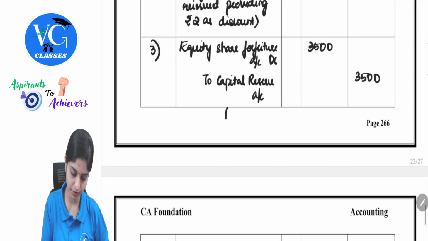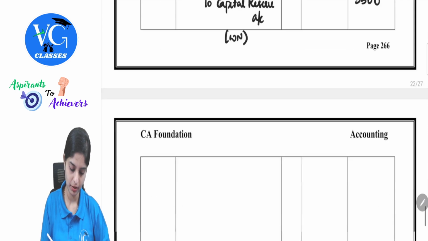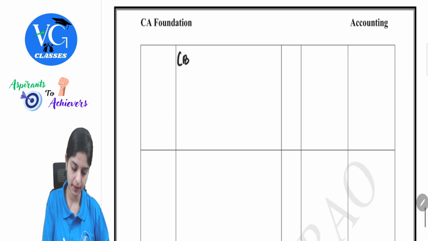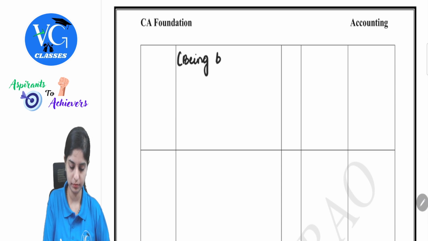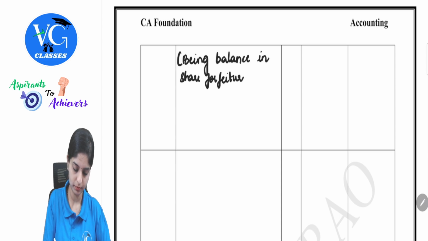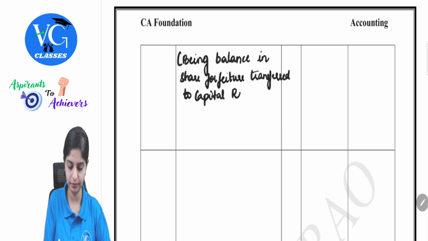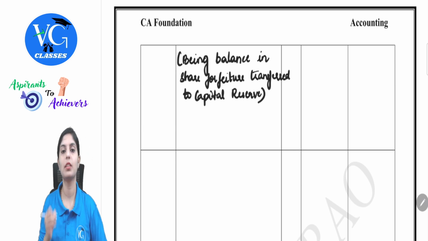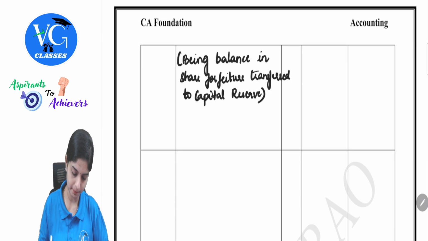So this we have understood using the working note. Being balance in share forfeiture transferred to capital reserve. Understood? Next.